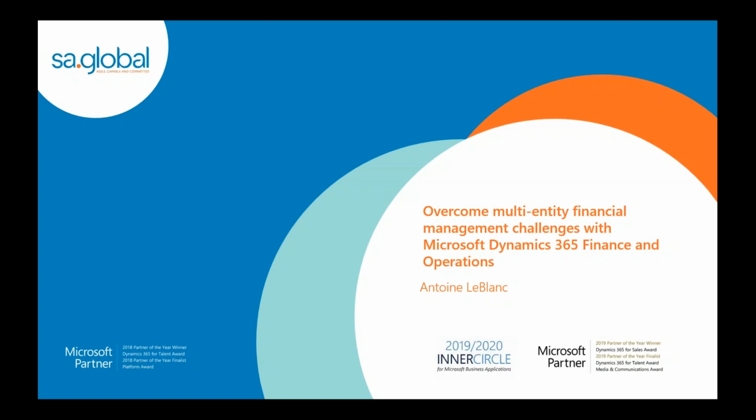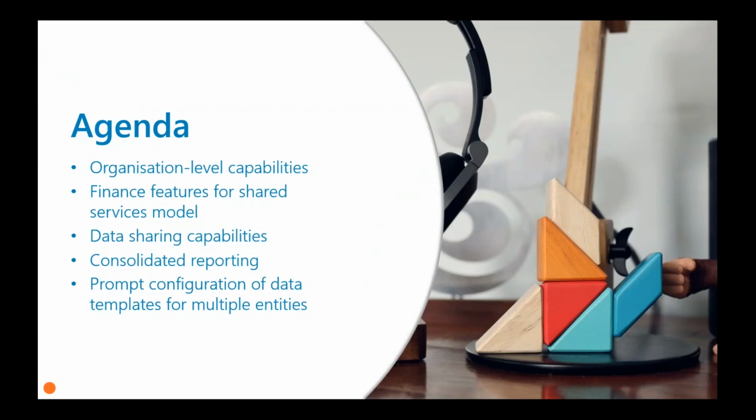So this is what we're going to show you today. So let's start with looking at some of these cross-company capabilities. We will look at organization level capabilities. We'll then move on to purely financial features, allowing for something we call a shared service model. We look at these data sharing capabilities, which allow you to easily share things like customers, vendors, products.